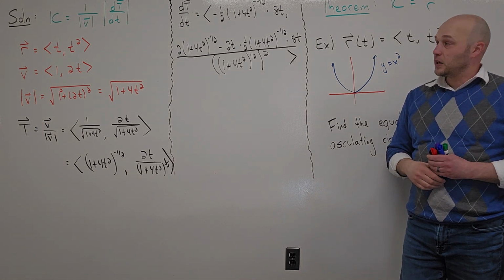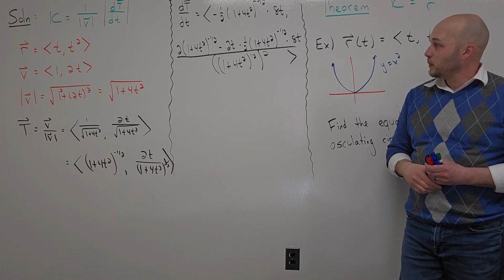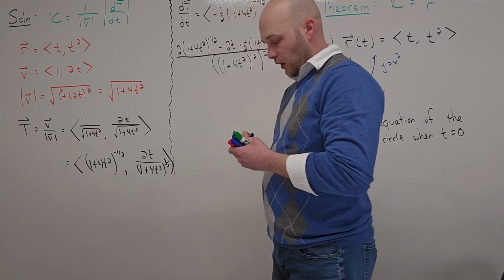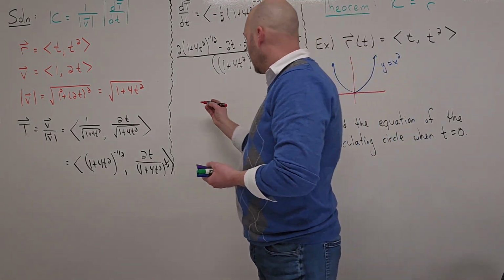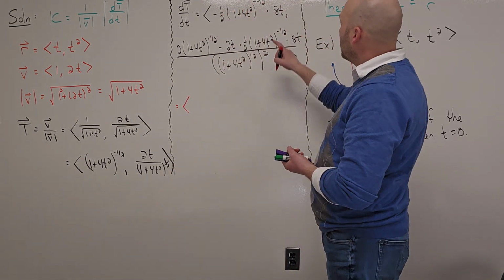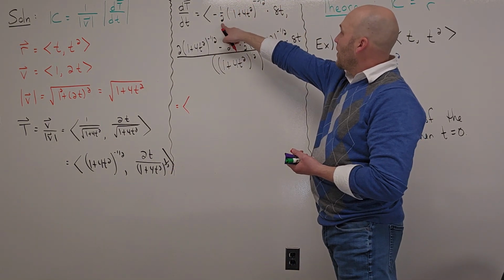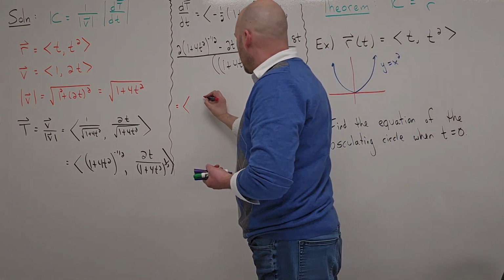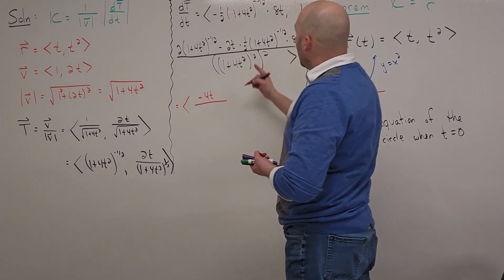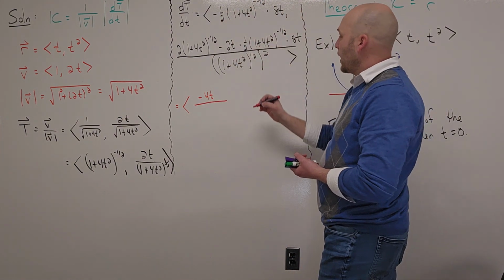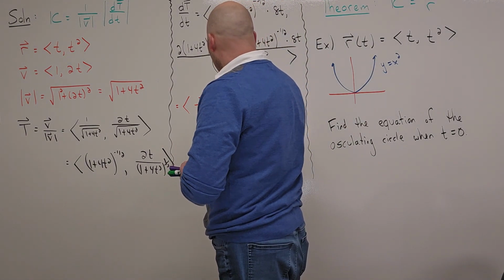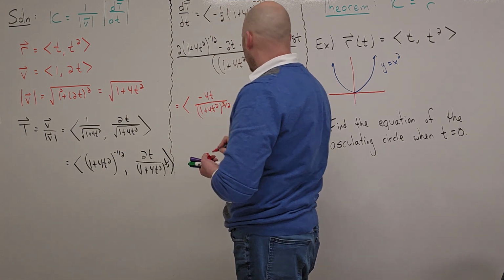But let's clean that up because that looks fairly messy. So if I combine that, I'm doing a different color to help distinguish it on the board here. The first component here, I've got 8t times negative 1/2, so that's going to be negative 4t on top, divided by 1 plus 4t squared to the 3/2.